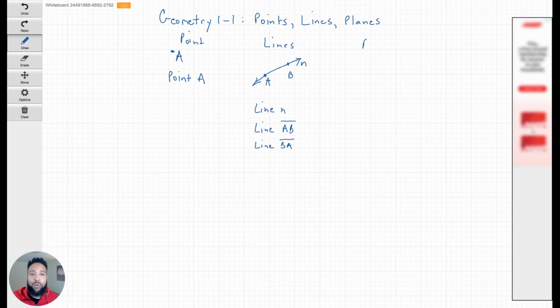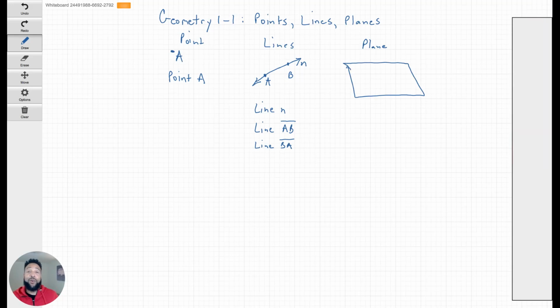So now let's move to what we call a plane. So I'll draw this parallelogram here. A parallelogram is a shape that has 4 sides. So a plane is a 2-dimensional object. What do I mean when I say 2-dimensional?